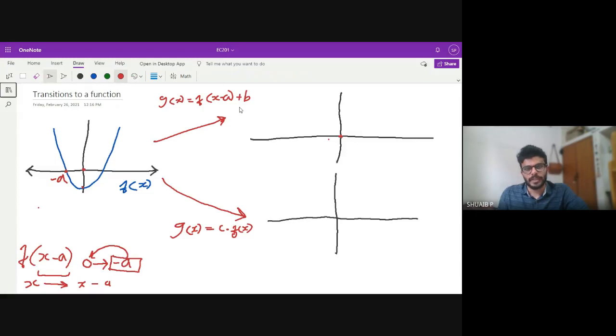So just simply applying this transformation will make this curve move like this.